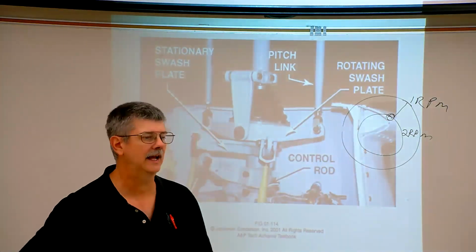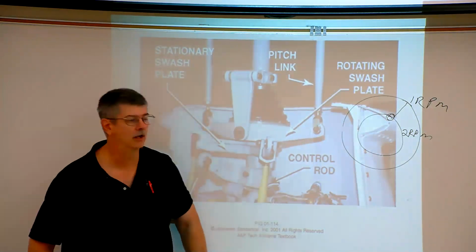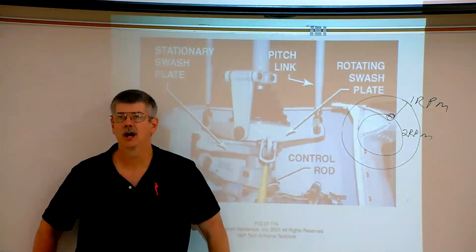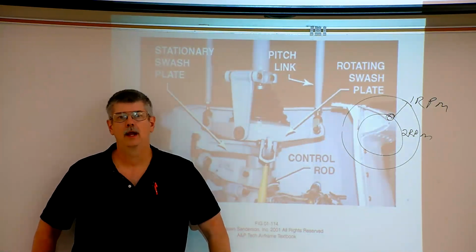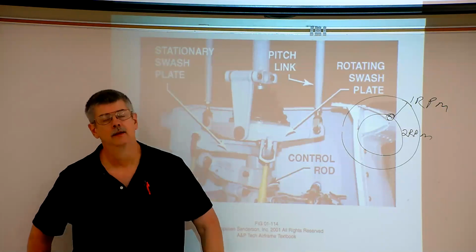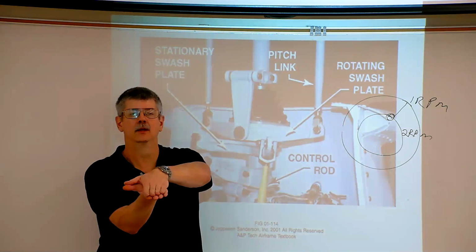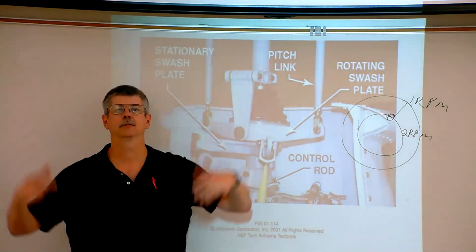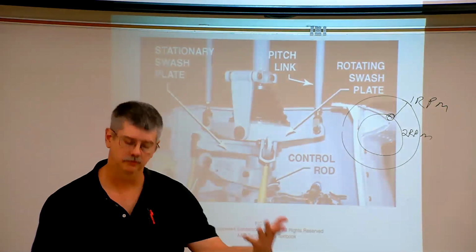The key thing that you need to know is this: what is the device that takes the input from the pilot and sends it to the rotor blades themselves? That is what's known as the swash plate. If the pilot moves the collective up, the whole swash plate moves up, thus increasing the pitch of all the blades. And when it moves down, it decreases.